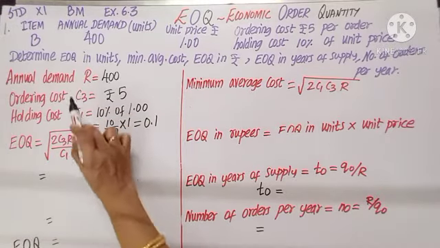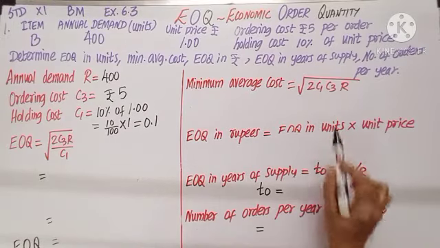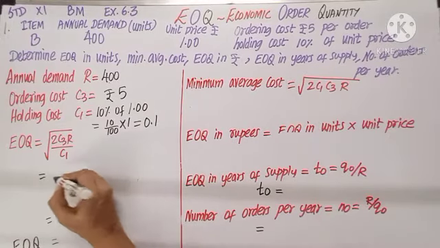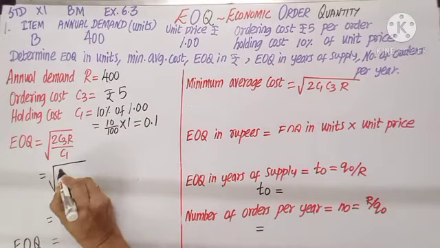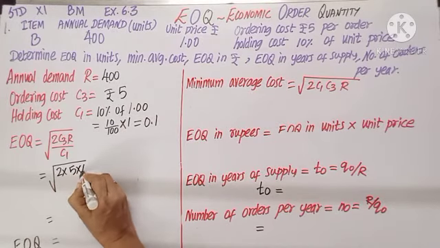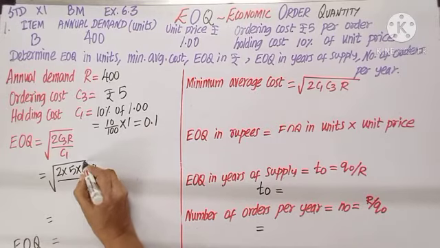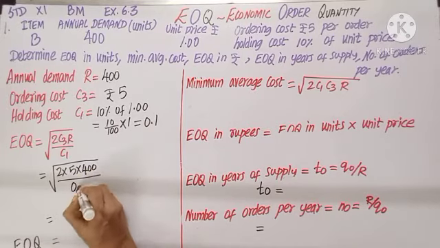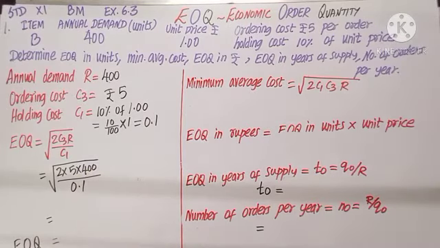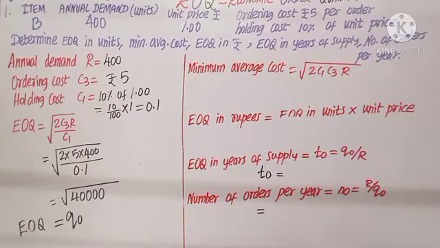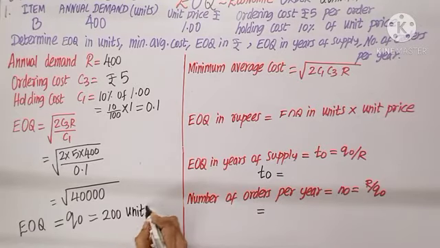As we know R, C1, C3, let us just substitute like the previous problem. EOQ, square root of 2 into C3 into R divided by C1, value 0.1. As we simplify, we get square root of 40,000, that is 200 units, which we call Q naught.